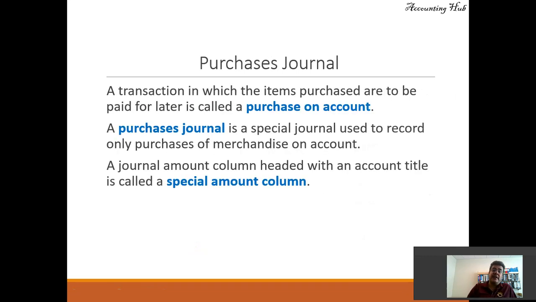And what is it? A transaction in which the items purchased are to be paid for later is called a purchase on account. A purchase journal is a special journal used to record only purchases of merchandise on account. Because when I pay cash, okay, I pay cash. A journal amount column headed with an account title is called a special amount column.